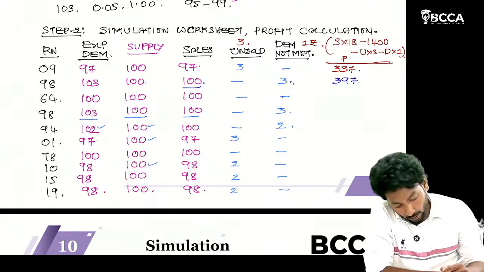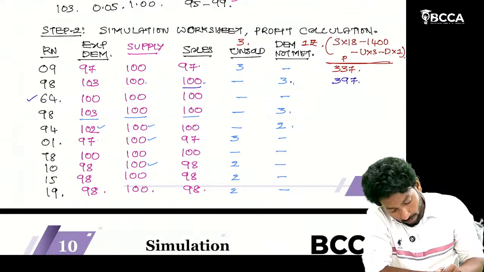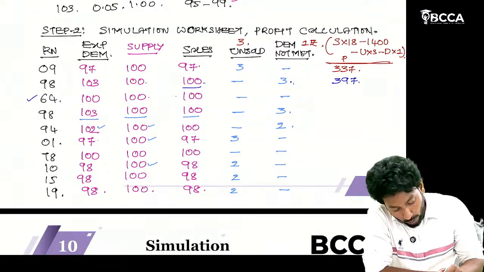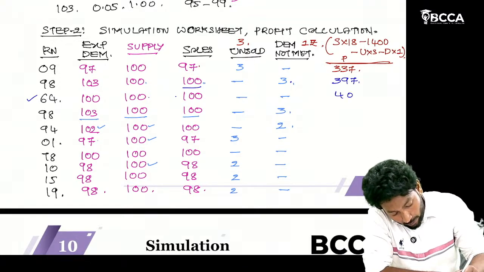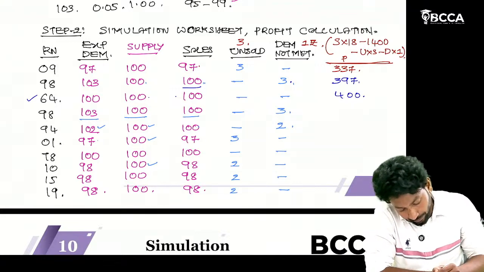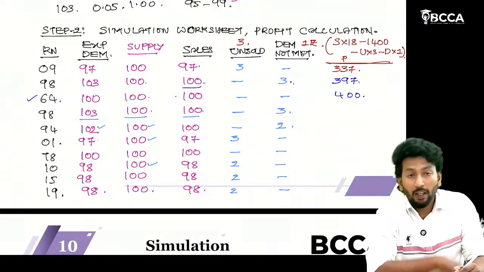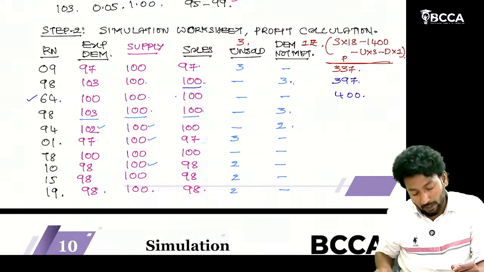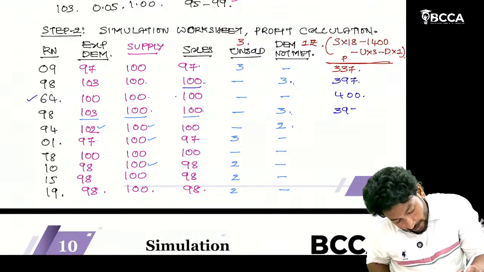For the third, we have produced 100 units and sold 100 units, 400 profit, no penalty, 400. Next, produced 100, sold 100, 1800 minus 1400, 400 gross profit, penalty 3, that means 397.